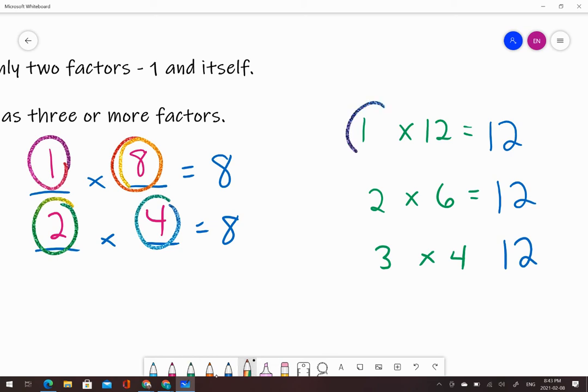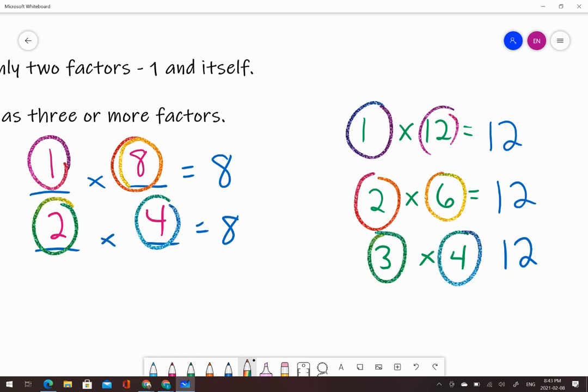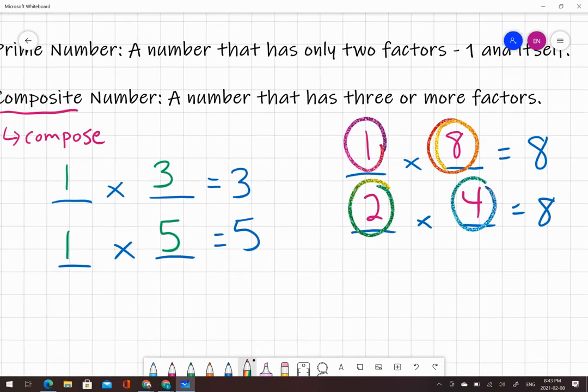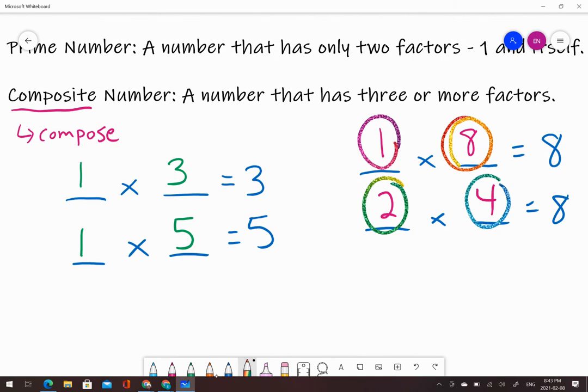If I look here, I have 1, 2, 3, 4, 5, 6 different factors that can be used to make 12 when I multiply them together. So 12 is a composite number because it can be broken down more than one way. I have 3 different ways to make 12 using multiplication. I have 2 different ways to make 8 using multiplication, but I only have one way to make 3 or 5 using multiplication of whole numbers.